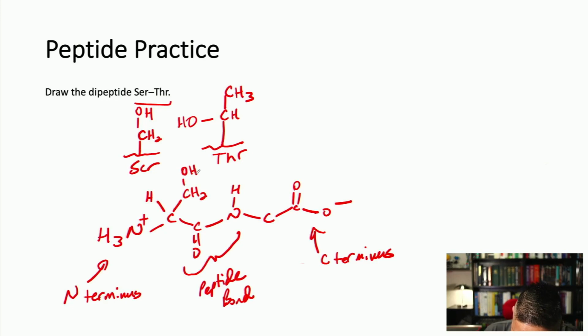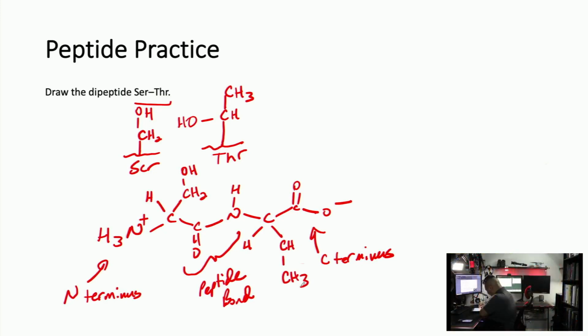And then similarly here, since the amine is pointing upwards this time, and so is the carboxylate, I'll make the hydrogen point down, with threonine's R group coming downwards. And that's how you draw the dipeptide serine threonine, right?